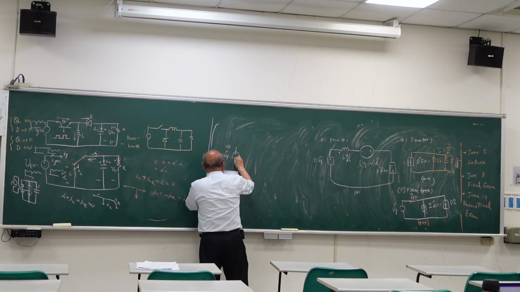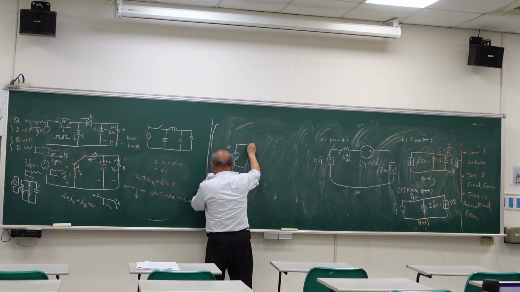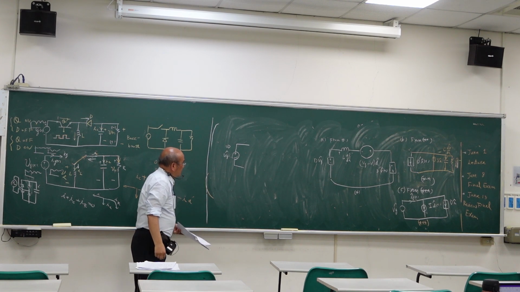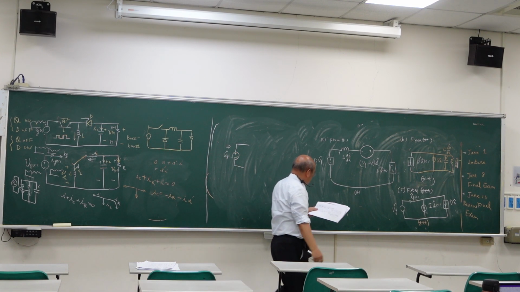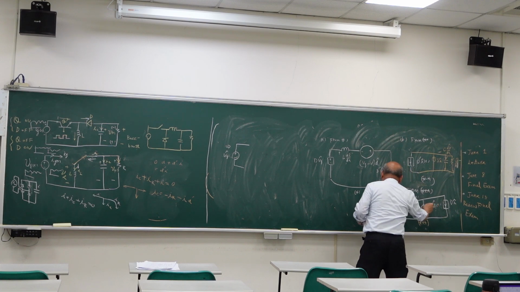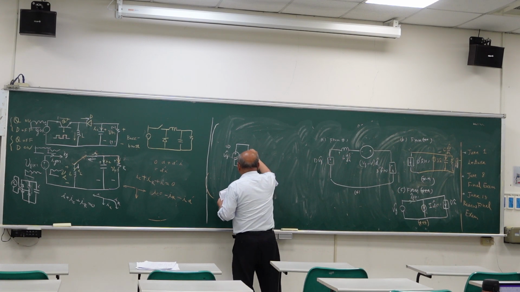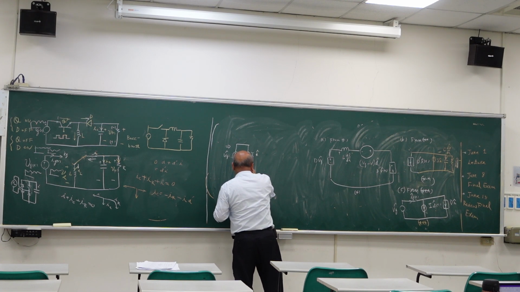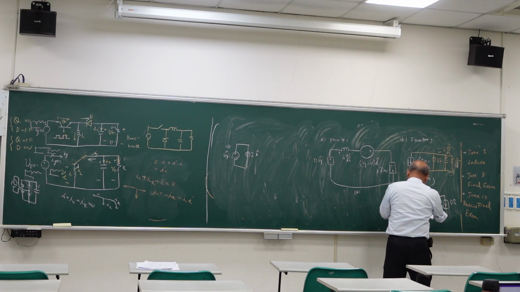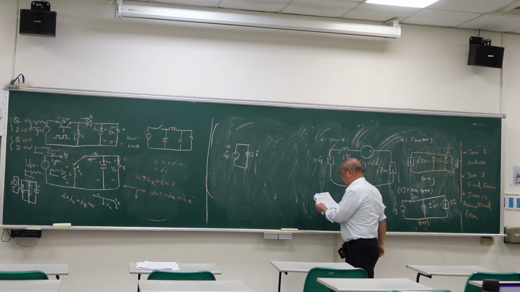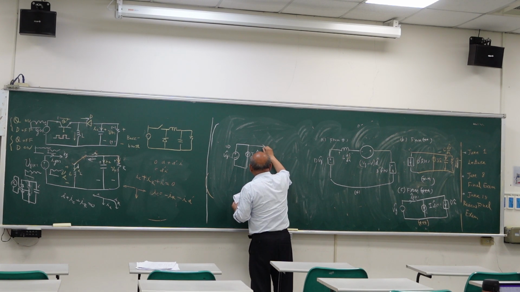So you have VG hat. This is the input voltage source. And then what? ID hat. And then what? DI hat.